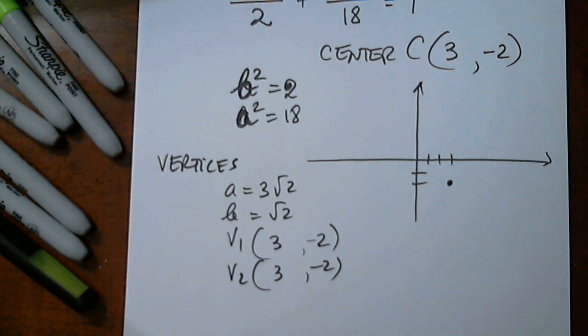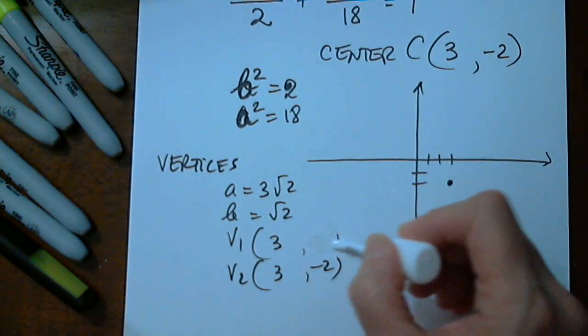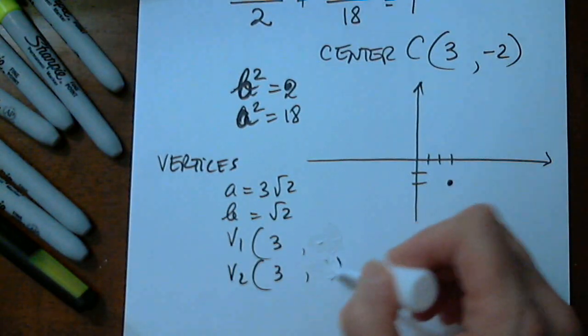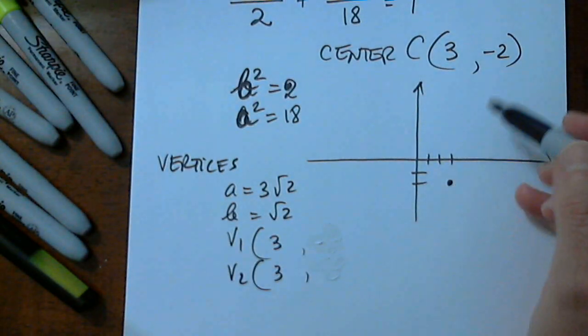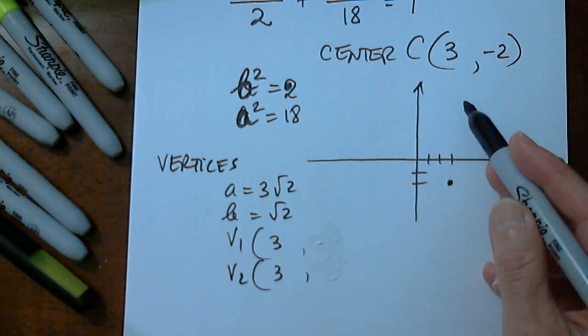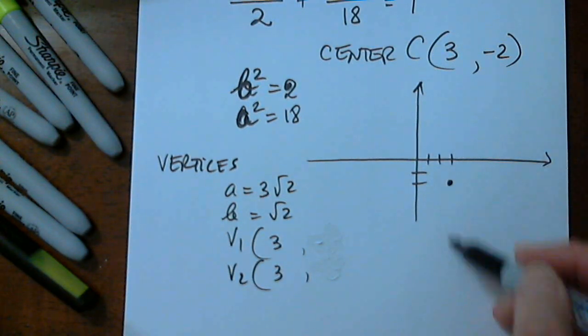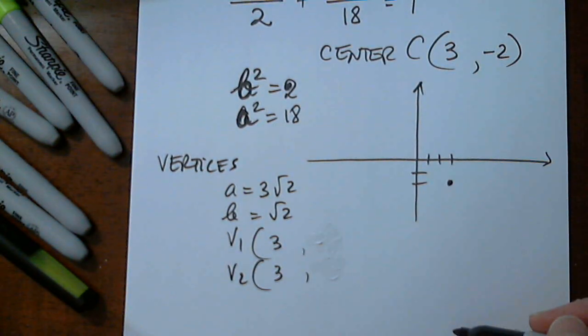So now let's find the y coordinates. We have the x coordinate because the axis is vertical. So all of them have to be on x equals 3. So what about the y coordinates? As you said, from -2, we go up and then we go down. Up by how much and down by how much?